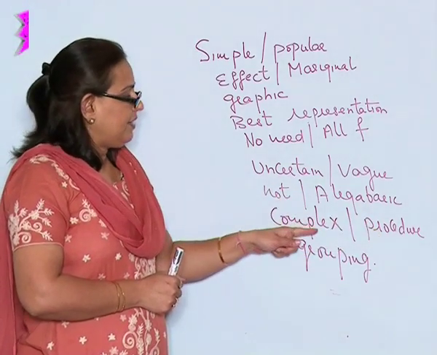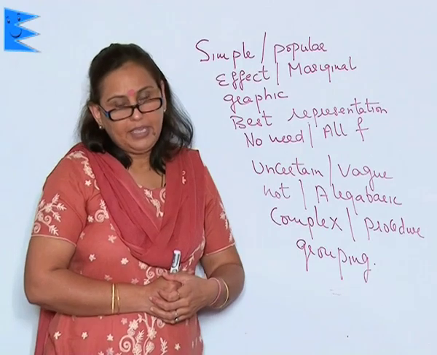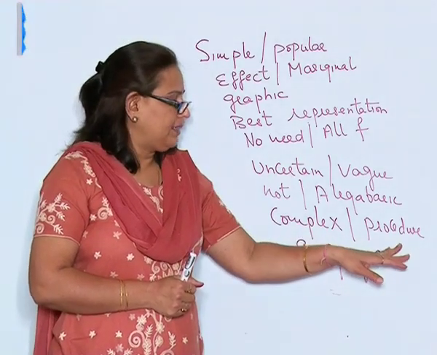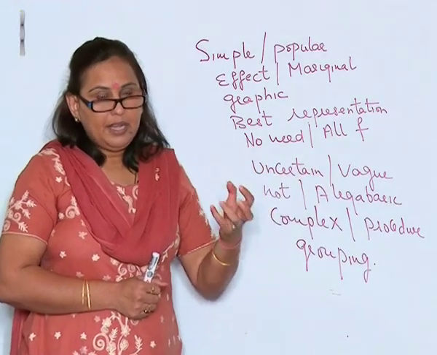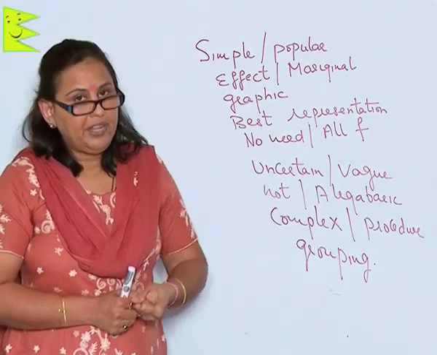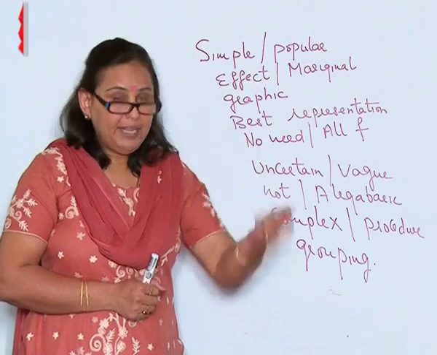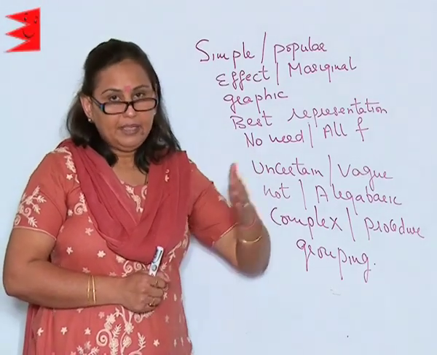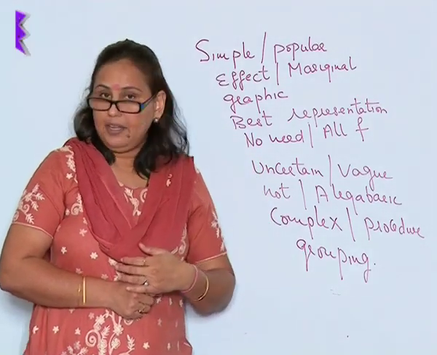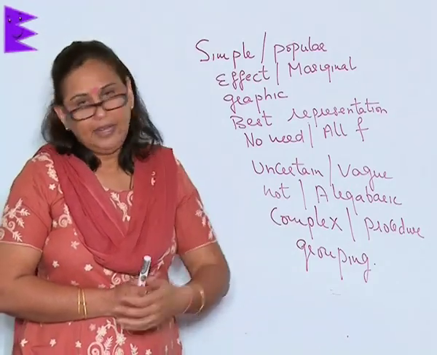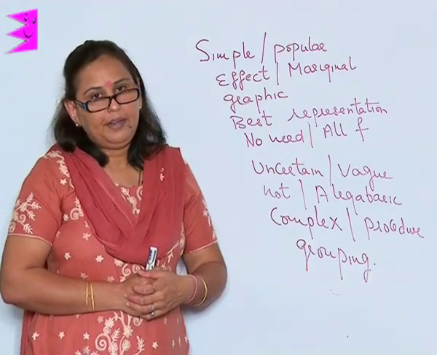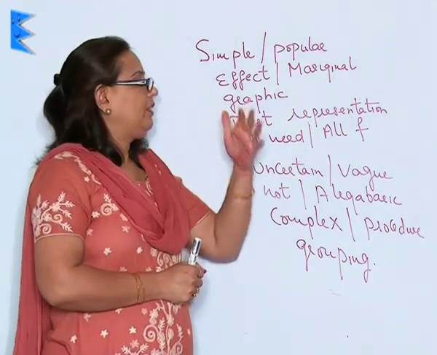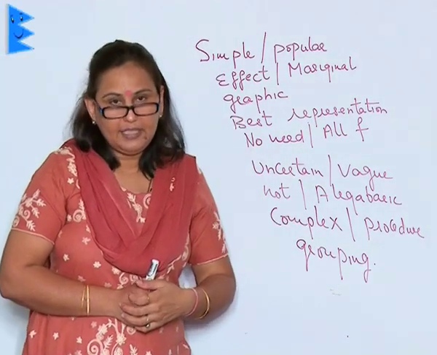This method is also very complex as far as the procedure of grouping is concerned. Just because a number or a frequency exists more times than the other frequencies, it cannot be the central tendency. But this is how the mode is calculated.